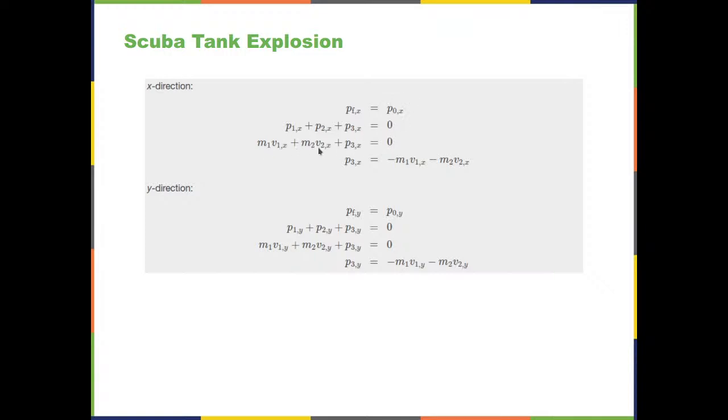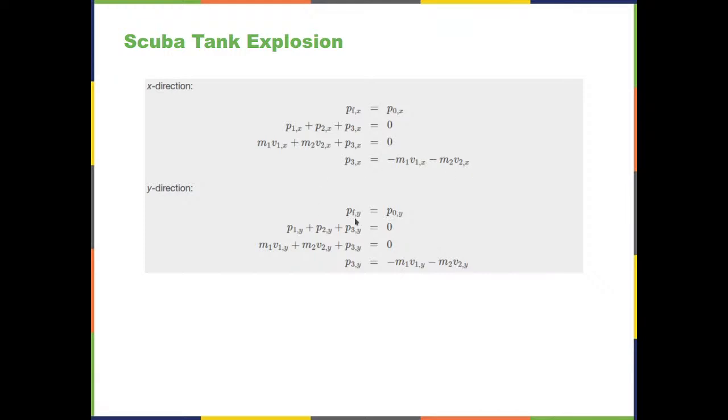Or if we put this all together, we have the mass times velocity in the x direction, and that gives us ultimately the momentum for piece 3 in the x direction in terms of the masses and the components of the velocity in the x direction for the other pieces, piece 1 and piece 2.